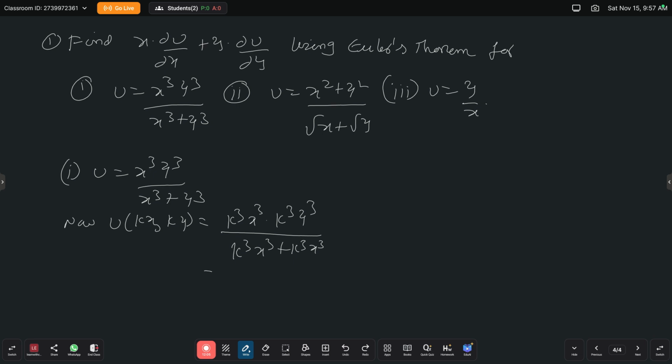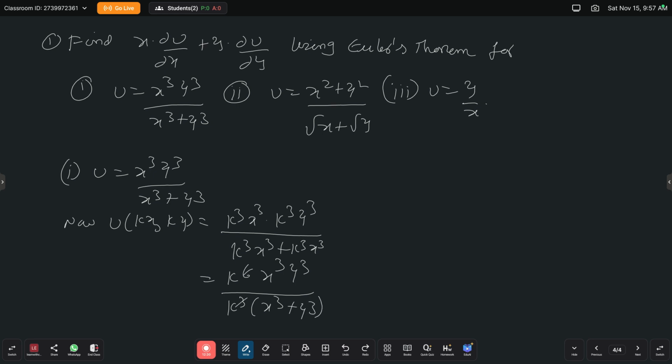Now equals, k to the power 6 into x cubed y cubed by, the k cubed is common, x cubed plus y cubed.